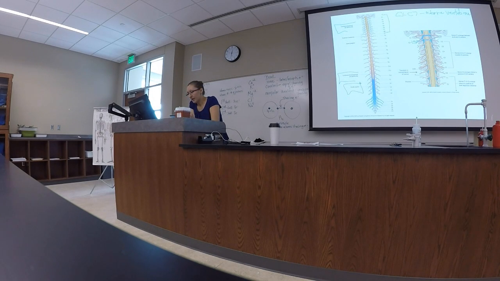And then C8 comes out between C7 and T1. And then thereafter, from T1 all the way down, the rest of them emerge below their vertebra that has the same name.